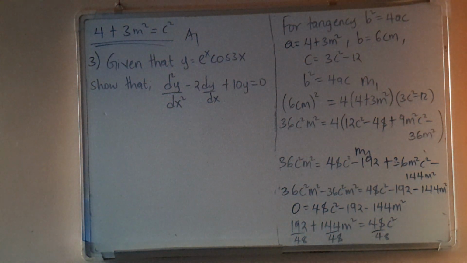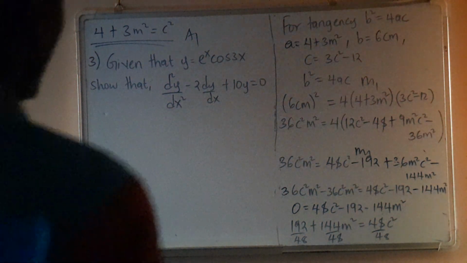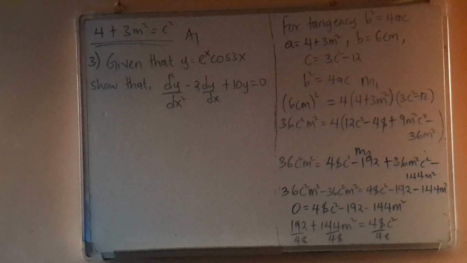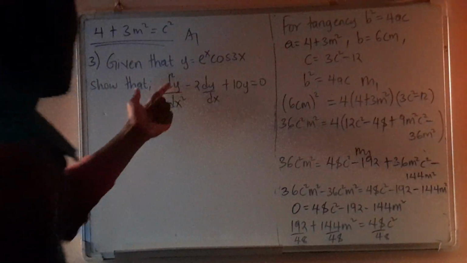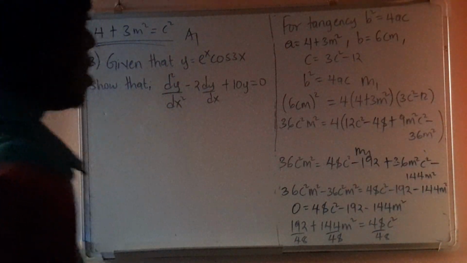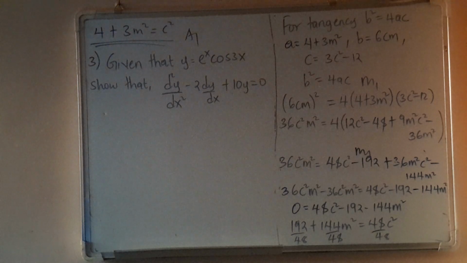The next question: given that y equals e to the x cos 3x, show that the second derivative minus twice the first derivative plus 10y is equal to 0. Let me make a few adjustments to increase the brightness, but I'm going to proceed with that in the next tutorial.